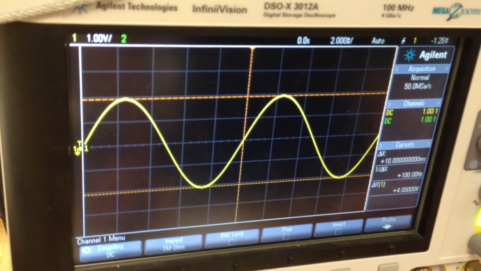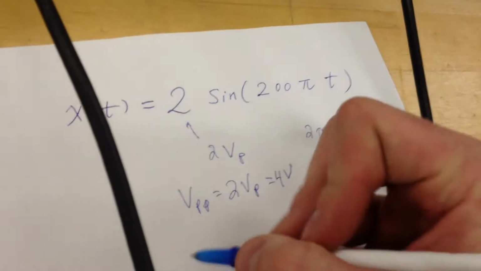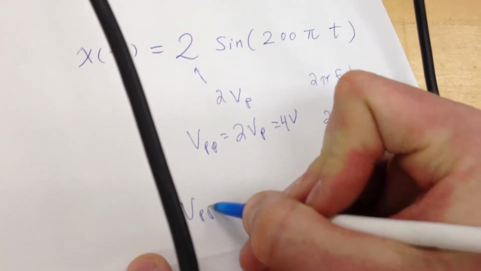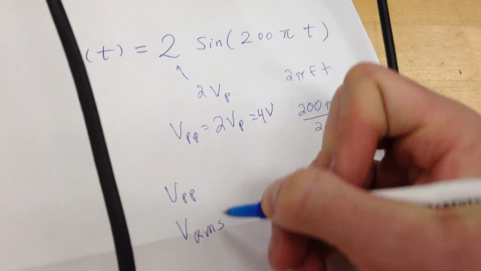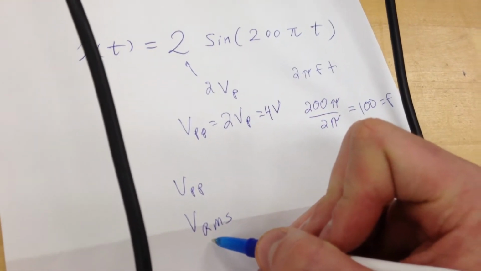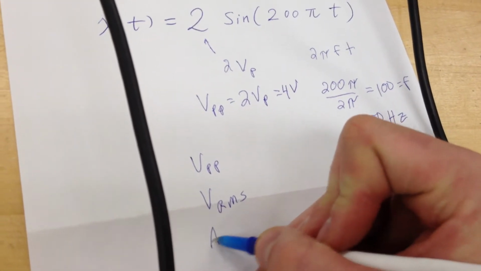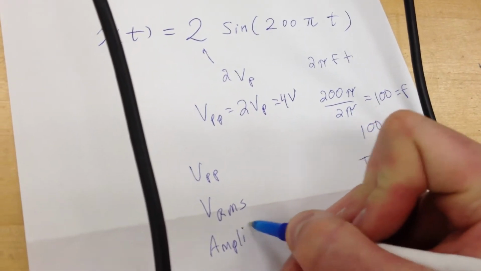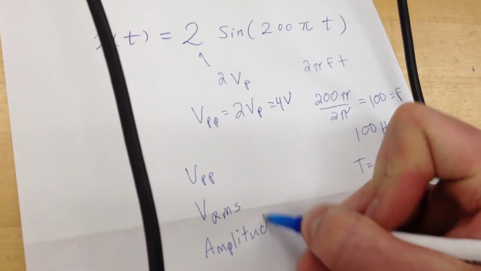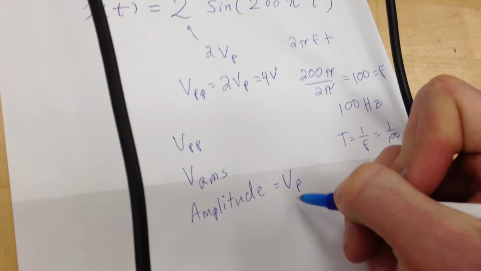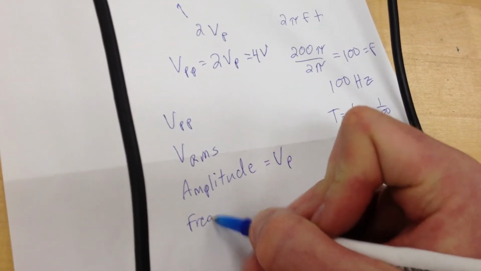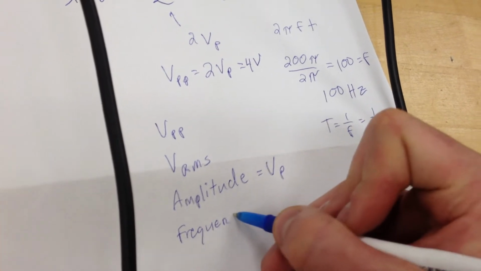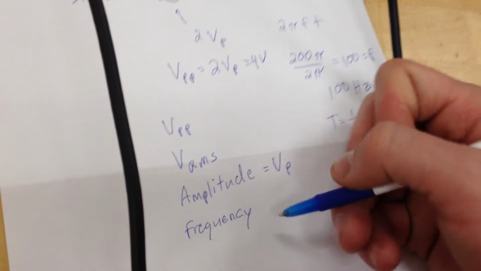And there's a couple different ways to measure it. Say we're going to measure peak to peak voltage, RMS voltage, amplitude, which is the same as the peak voltage, and the frequency, which is inversely proportional to the period.